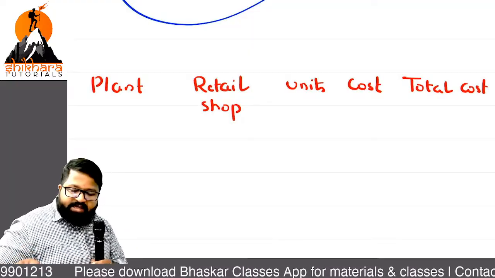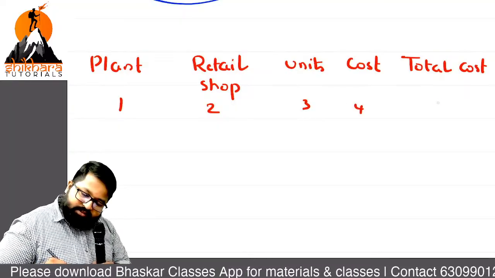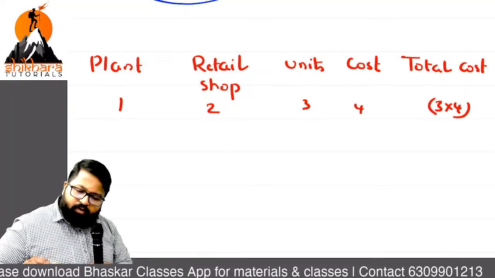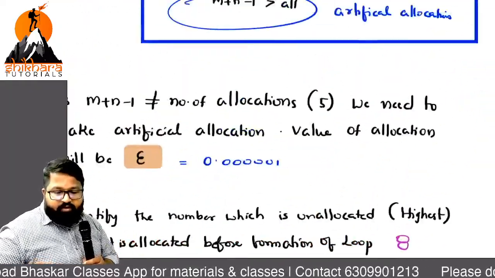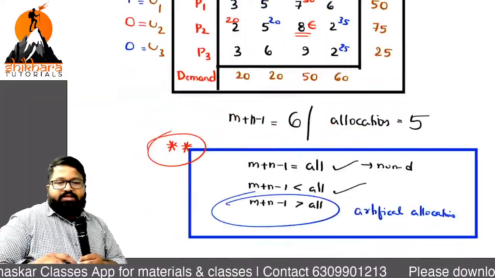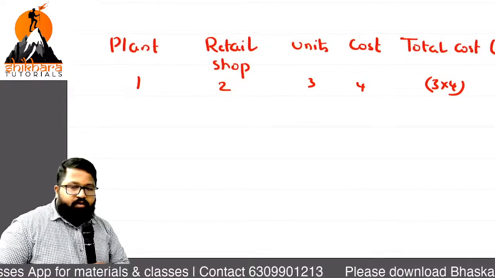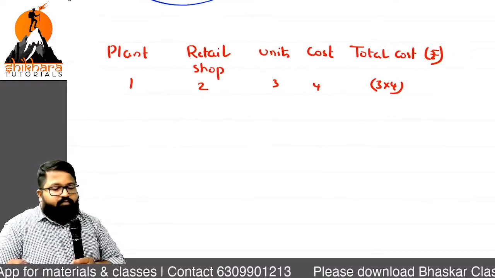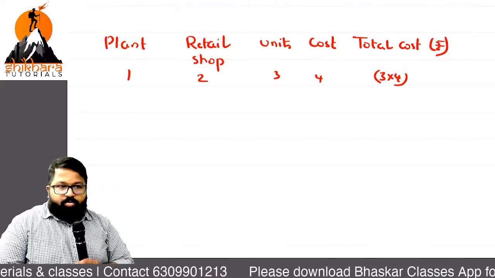Total cost is in rupees. 1, 2, 3, 4, and this is 3 into 4. Sir, can you tell by seeing the new table which we drafted? Can you tell the cells? First plant. What is a plant there? Go in order regarding plants.